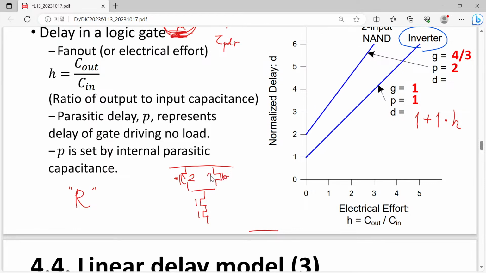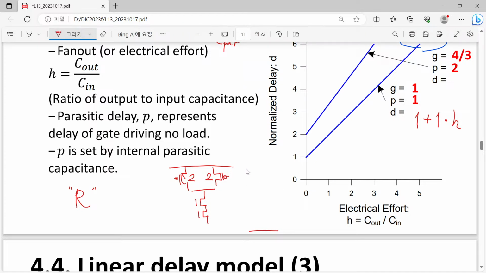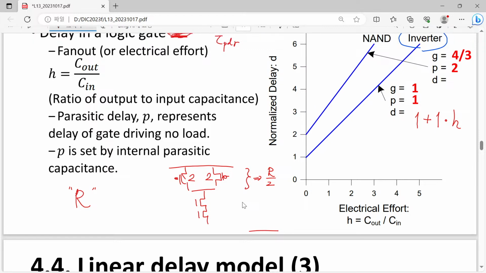Also, we must have 2 for the other P MOSFET, because when both of our P MOSFETs are turned on, our effective resistance will be just half R. However, this is the best case for our charging phase.